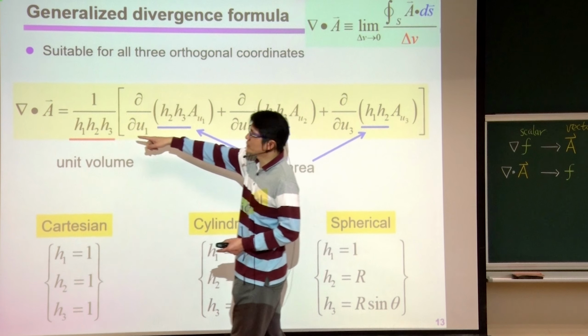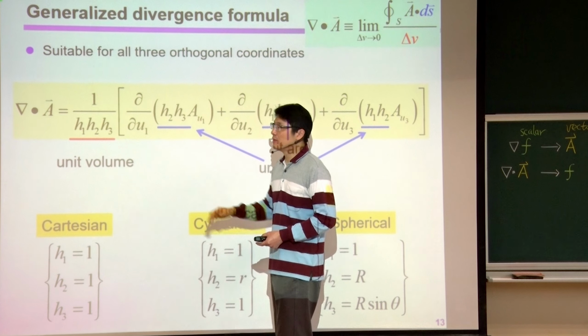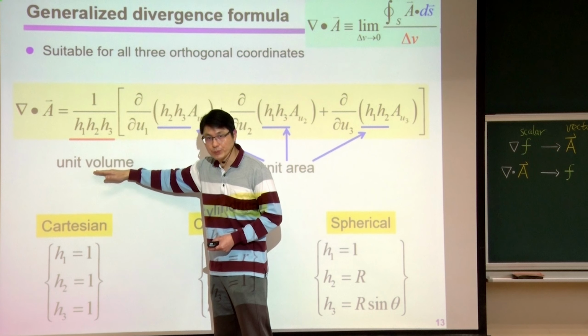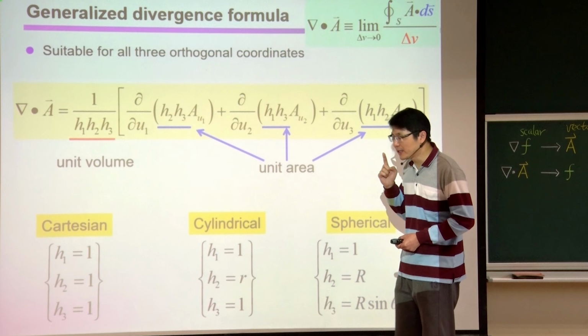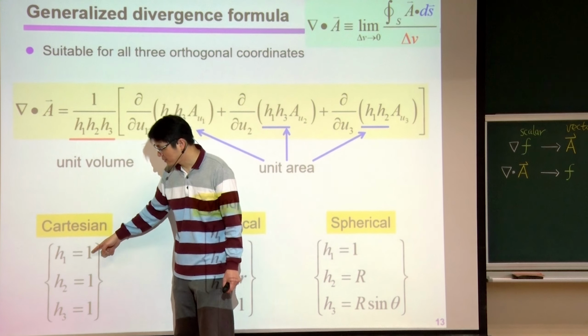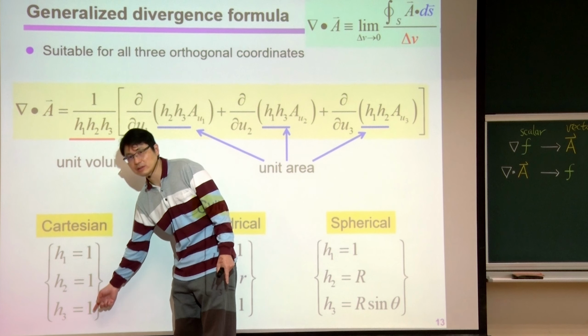So why do I want to divide by h1, h2, h3? This takes into account the unit volume. So try to link this to what I covered: Cartesian coordinate, differential length, dx, dy, dz.